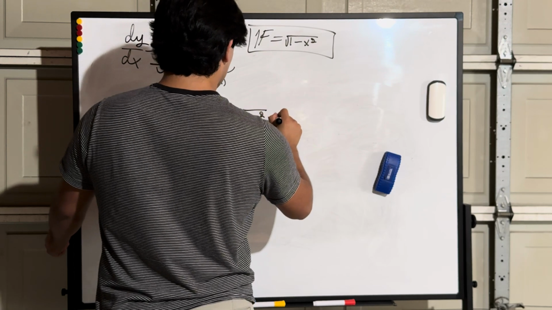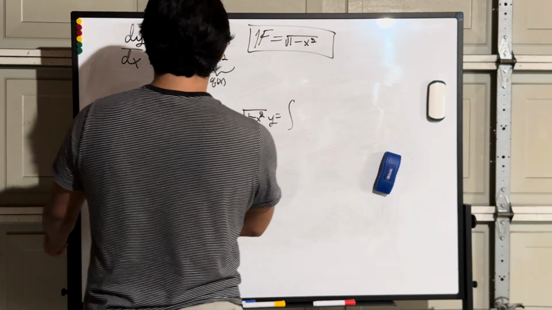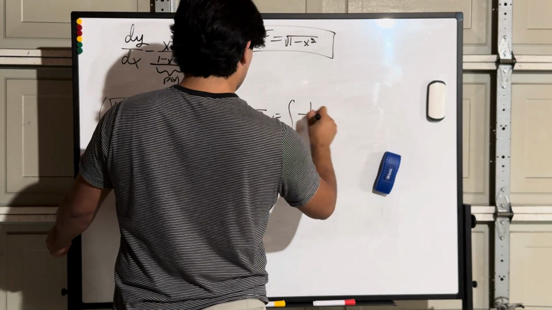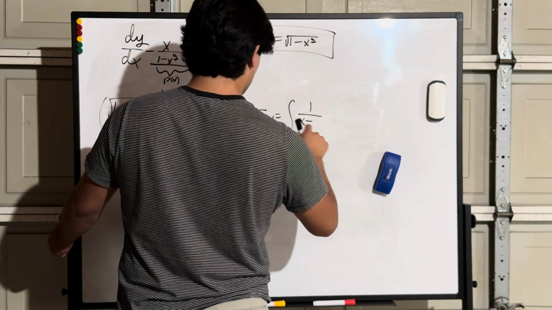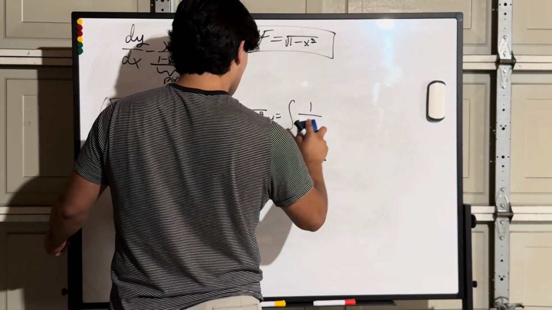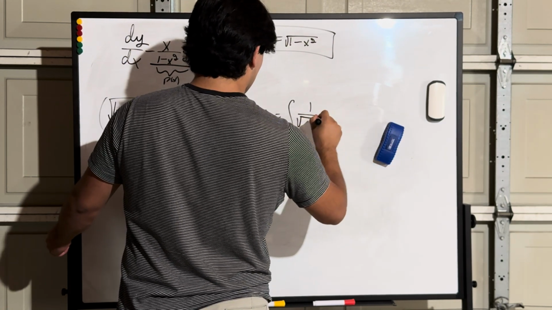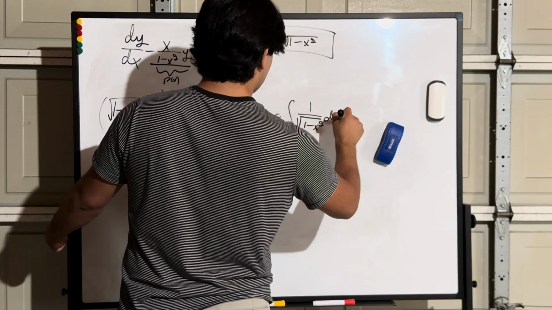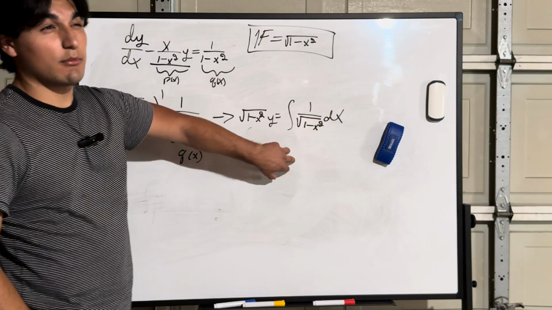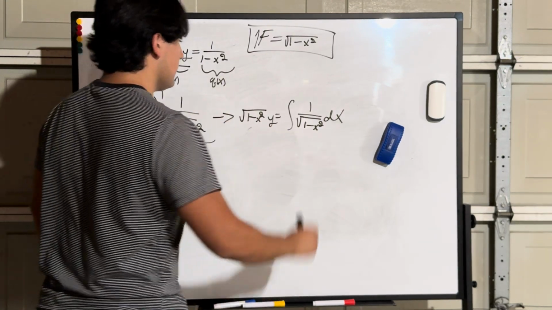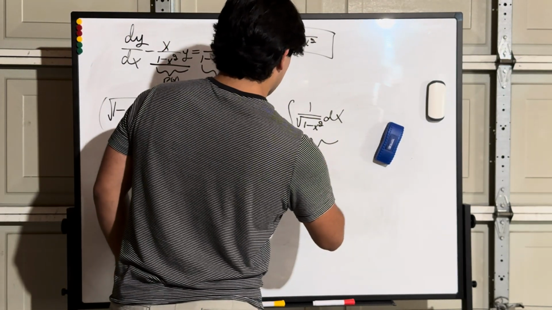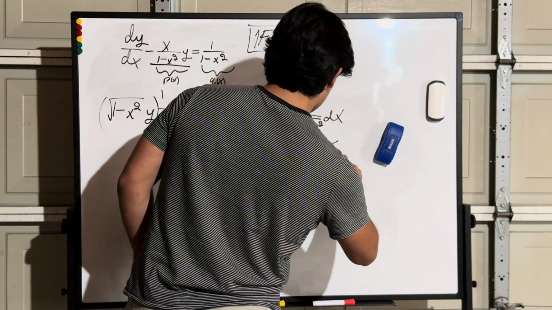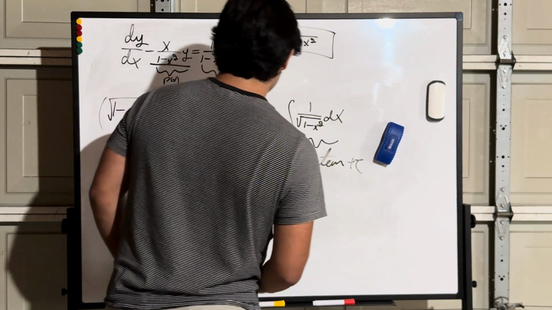So the integrating factor times y equals the integral of 1 over root 1 minus x squared dx. And if we remember from Calc 2, this is arctan. Let's see.